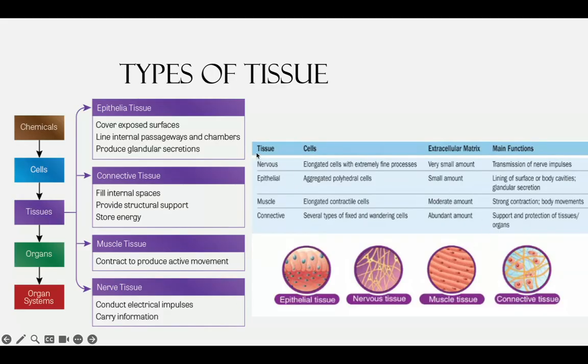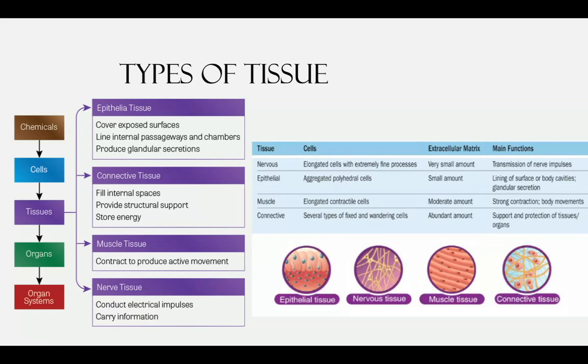Okay, so it's important to understand that these are the four main types and that they do get broken down into subcategories. We do need to know the main functions here, but I think that it's important to note the extracellular matrix component. Okay, in epithelial tissue, there's little to no extracellular matrix.